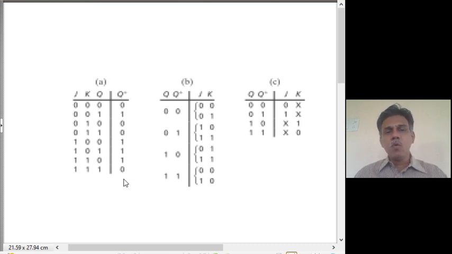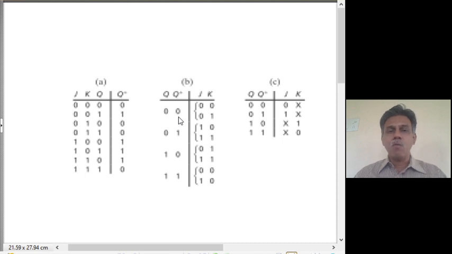But now, when we move on to synthesis of a circuit or designing a circuit using JK flip-flops, our question is rather different. We know the present state of the JK flip-flop, or the present value of the bit that is stored in it. We also know the next state, or the next bit to be stored in that JK flip-flop.